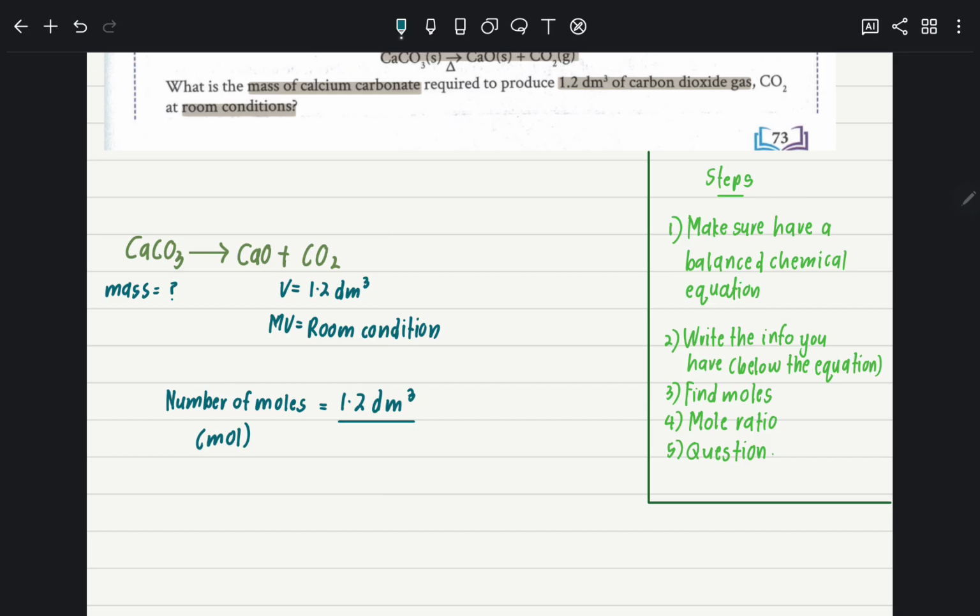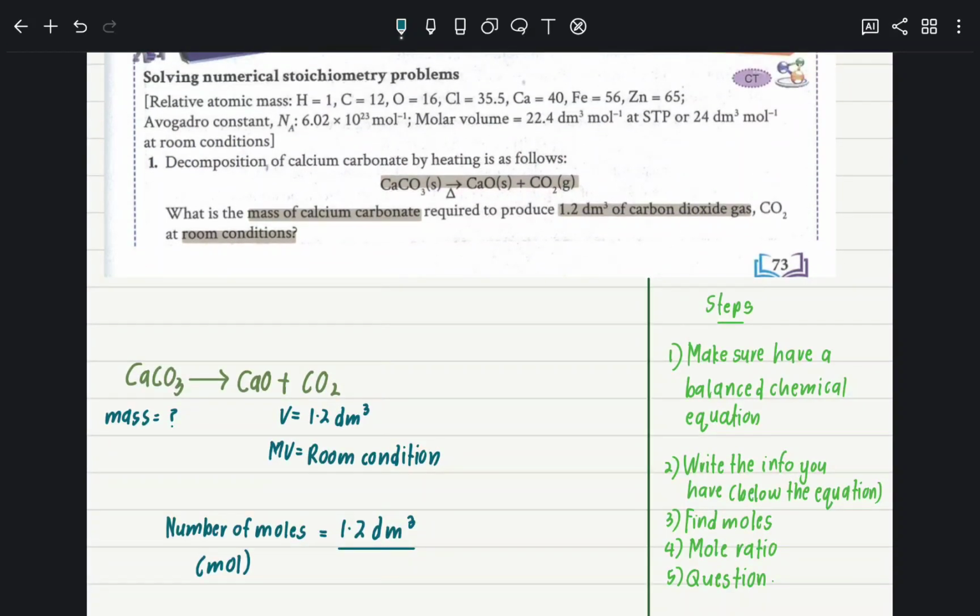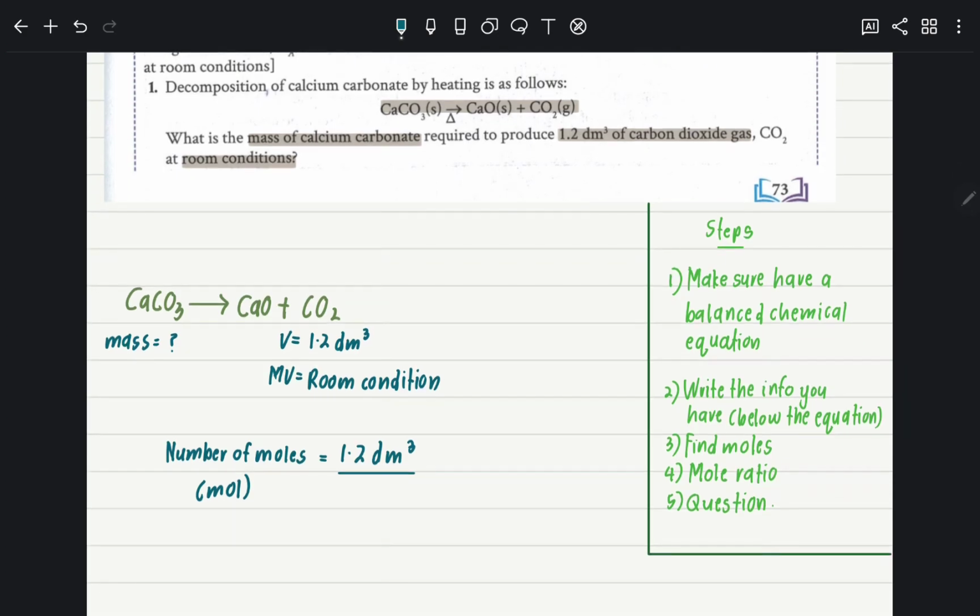Because they say room condition, I have to get the room condition value. So the theoretical value for room condition is 24 decimeter cube mole negative 1. So just write it, 24 decimeter cube mole negative 1.